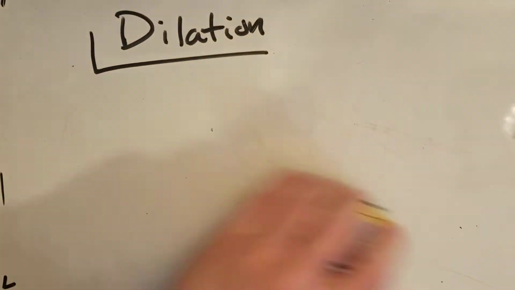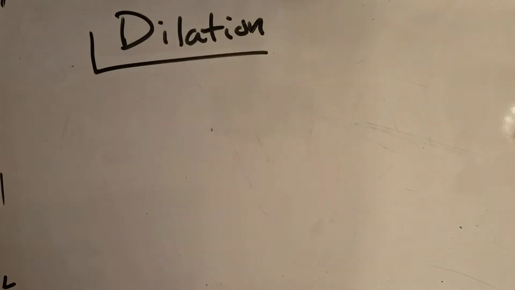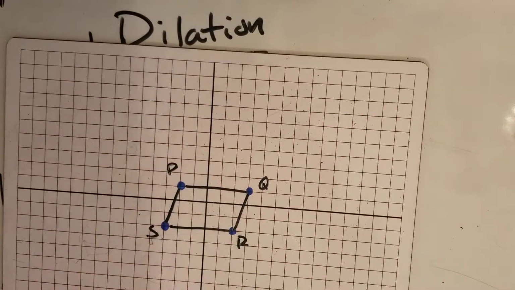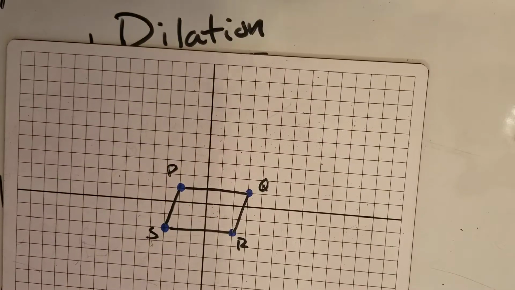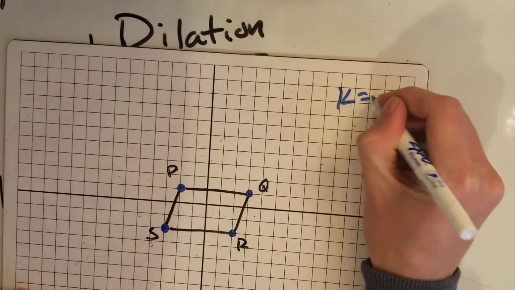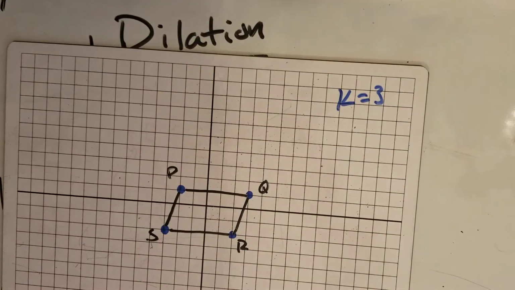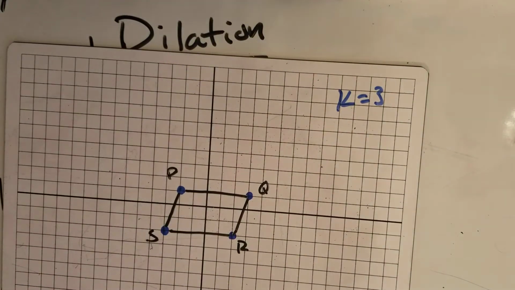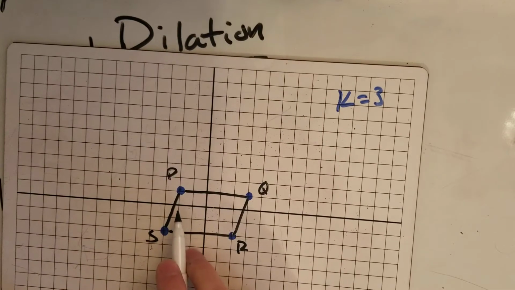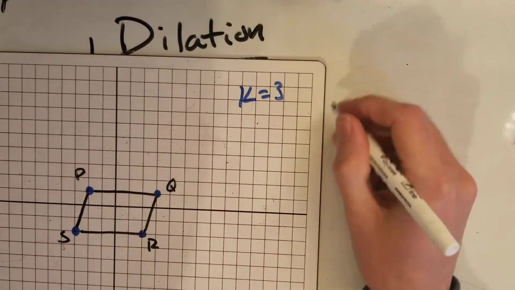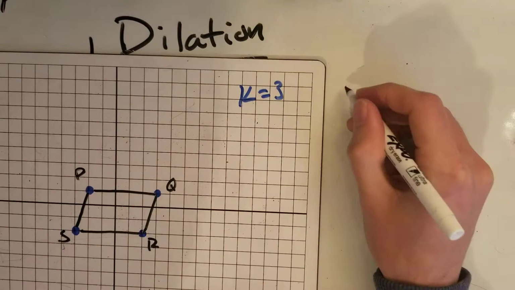Our first one, we have this little quadrilateral, a parallelogram actually, on the coordinate plane, and we are changing by the scale factor of 3. How we're going to do this is we're going to take our coordinates and list them all out. P is -2, 1.